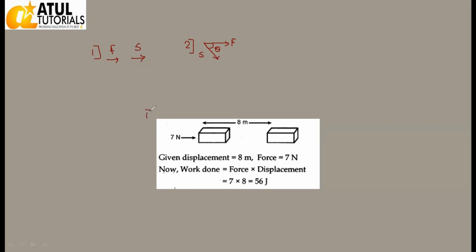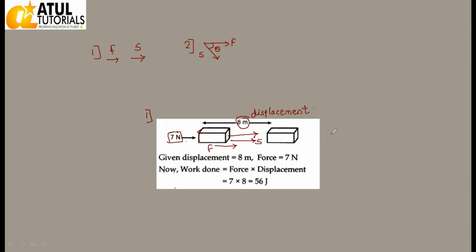This is an example for the first case. Here we have applied force of 7 Newton on this box, and due to this force this box gets displaced by 8 meter. So here force and displacement both are in same direction. This displacement is in line with this force.